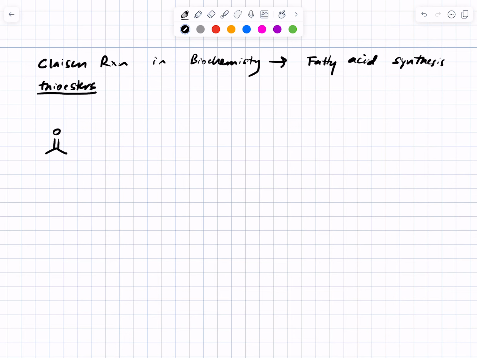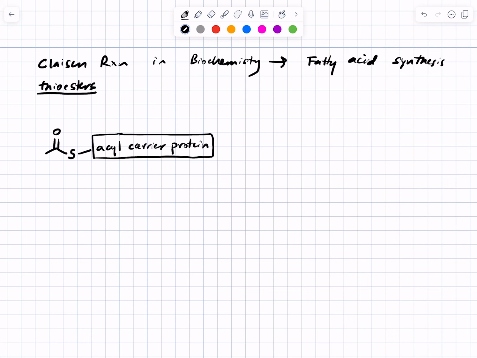So in fatty acid synthesis, you have a sulfur, and then that sulfur is connected to something called the acyl carrier protein. The connection between the sulfur and the carrier protein is known, and we could draw it, but it's not really relevant to the discussion, so we won't worry about it.